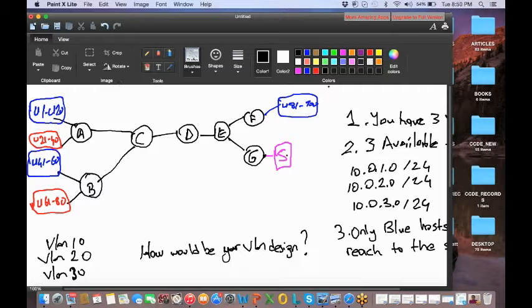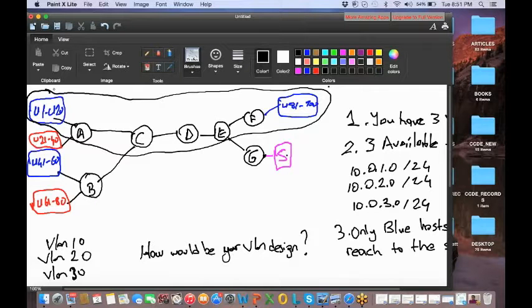Then let's try to do this without putting the closest hosts on the same switch into the group, but instead arrange them like this. What would happen?